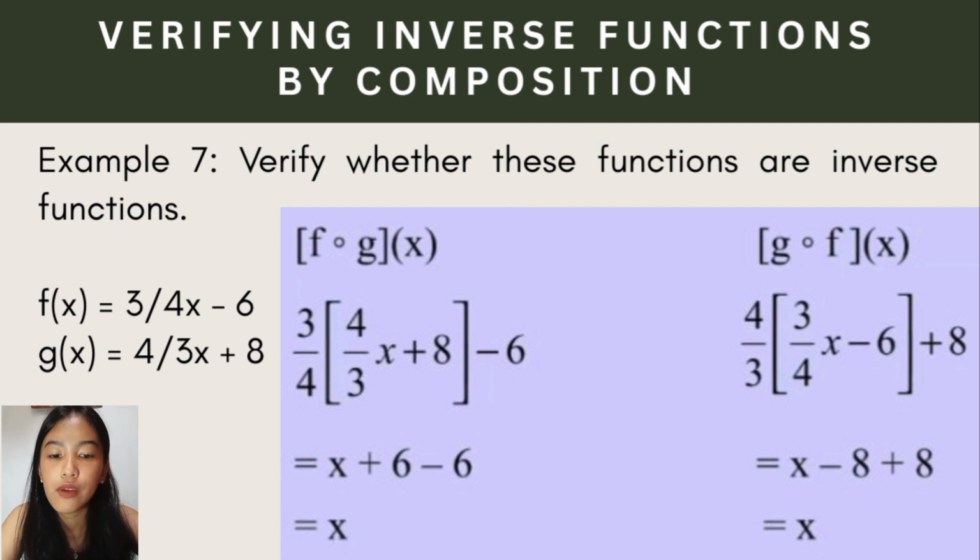You will have x minus 8 plus 8 is equals to x. So g of f of x is x. So these functions are inverse functions because their compositions are identity function, or f of x is equals to x. So that's how you verify inverse functions by composition.